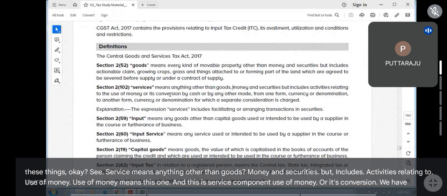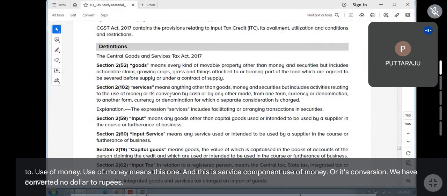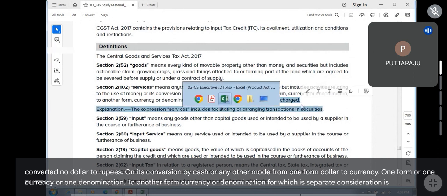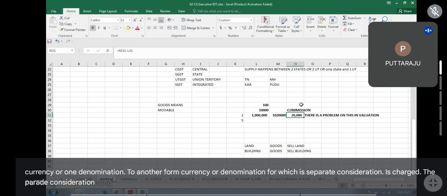We have converted now dollar to rupees. On its conversion by cash or any other mode from one form, dollar, to another currency, or one denomination to another form, currency or denomination, for which a separate consideration is charged. Separate consideration means this. This becomes liable to GST.